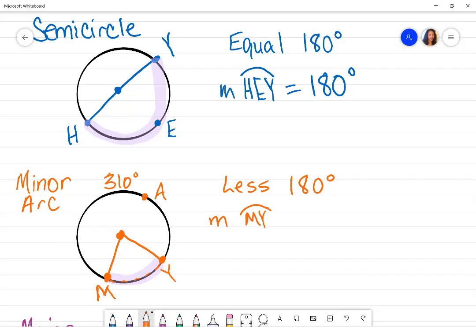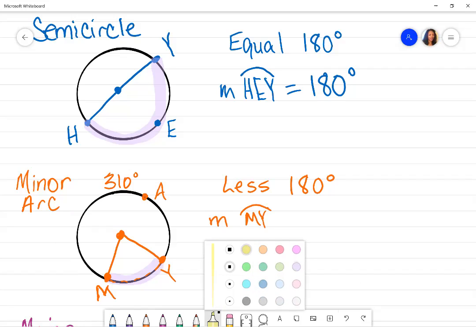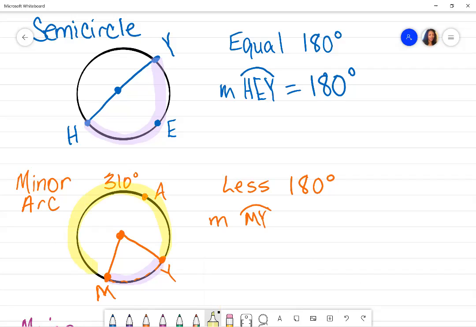If I know that this other side of the arc is 310, based on what's given in my example, since the measure of the entire circle is 360 degrees, I can just subtract what I do know, which is 310 degrees.